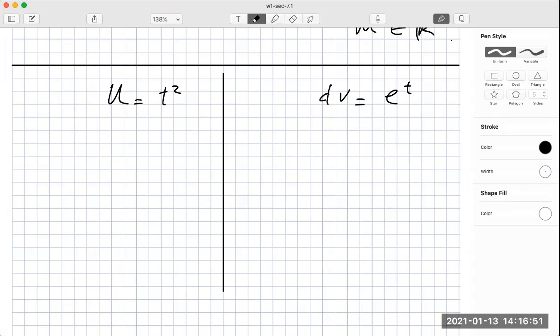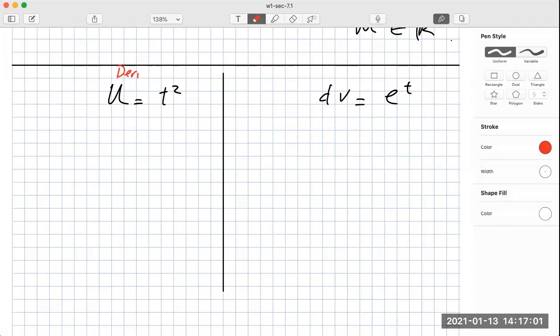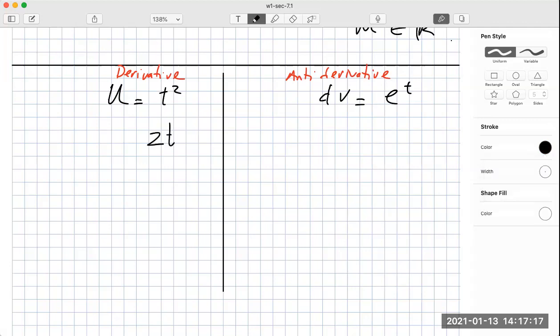Let's try to take the derivative of the left-hand side. What is the derivative of t squared here? It is 2t, right? Okay.